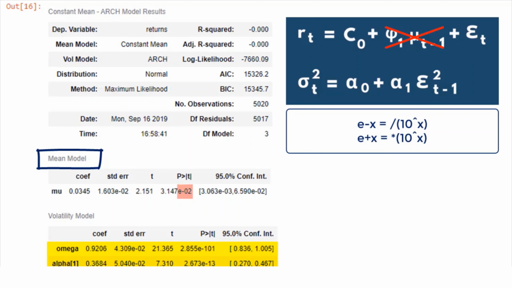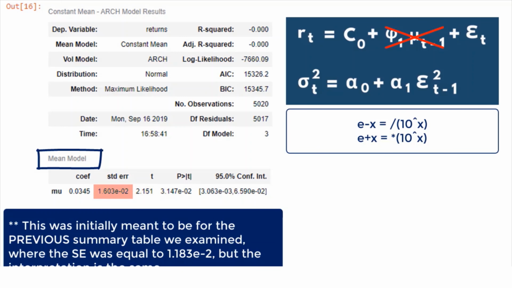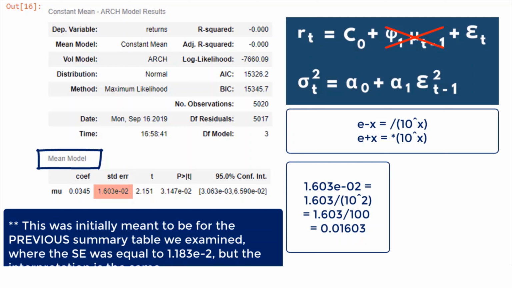For example, if we observe the standard error value in the second column, we'll see it reads 1.183 e negative 2. However, we interpret it as 1.183 over 10 squared, which is 100. Thus, the result expressed in regular terms is just 0.01183.